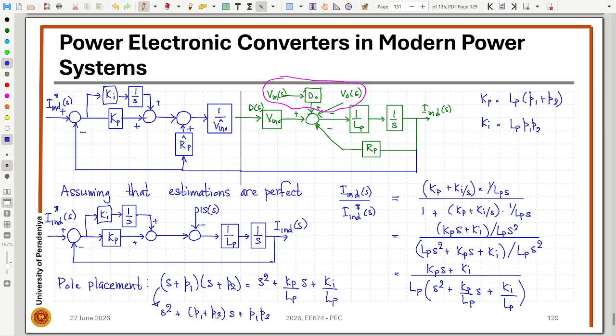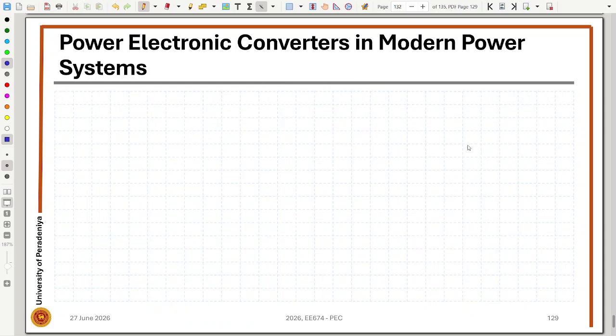So P1 plus P2 is going to be Kp over Lp, so Kp is equal to Lp times (P1 + P2), and P1 P2 is going to be equal to Ki over Lp, so we get Ki as Lp times P1 P2. So we have to find out what P1 and P2 are, and thereby we find Kp and Ki.